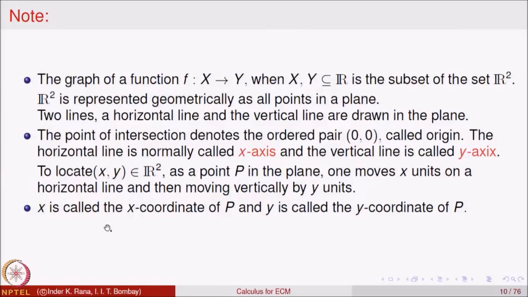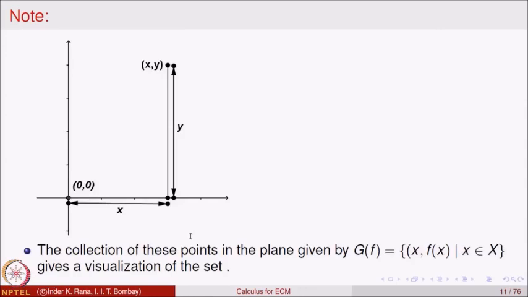The units you move are called the x coordinate and the y coordinate, and one writes the point as P x y. Here is the pictorial representation. In the plane you take a vertical line and a horizontal line.